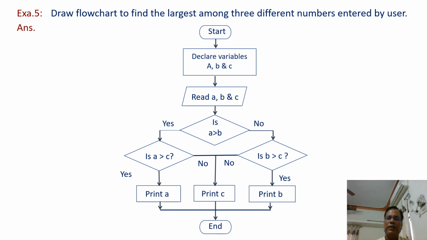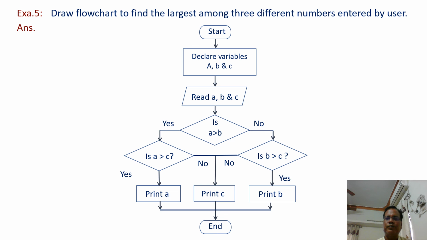If yes, then we compare whether a is greater than c. If yes, we print that a is the largest number. In this comparison, if the answer is no, a is not greater than b, then we compare whether b is greater than c. Again, if it is true, then b is the largest number.